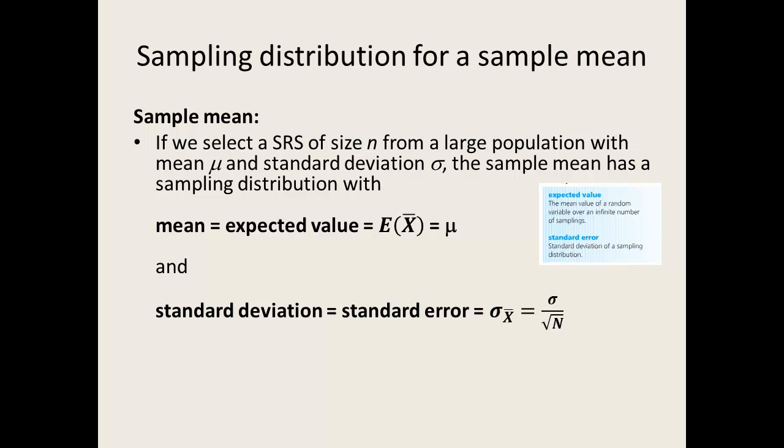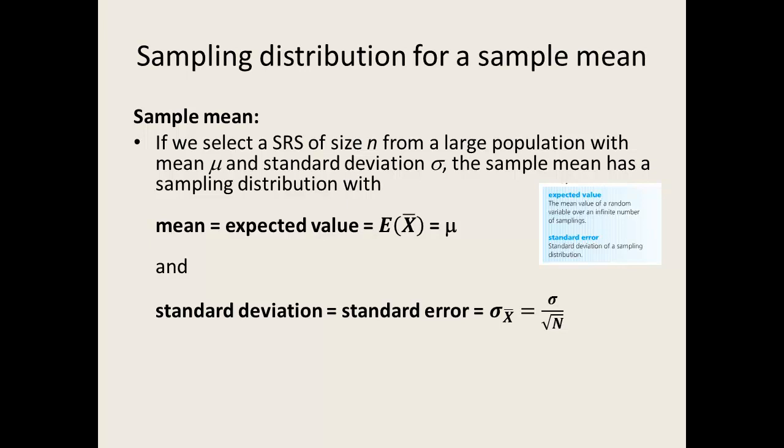However, because you are plotting the means of numerous samples, the standard deviation of this new distribution will not be the same as the standard deviation of the individual observations.